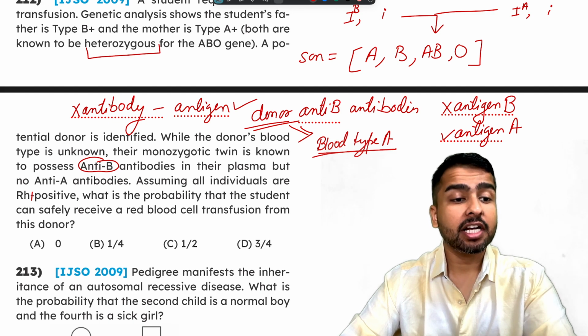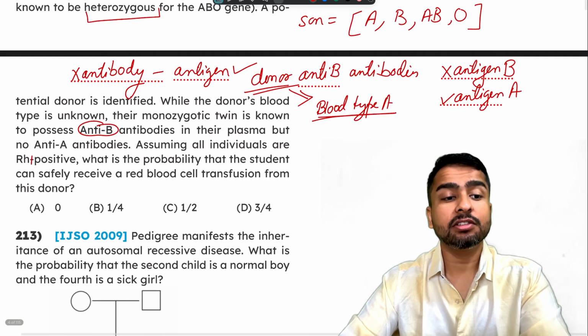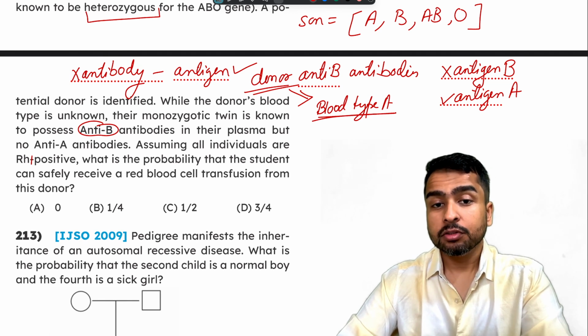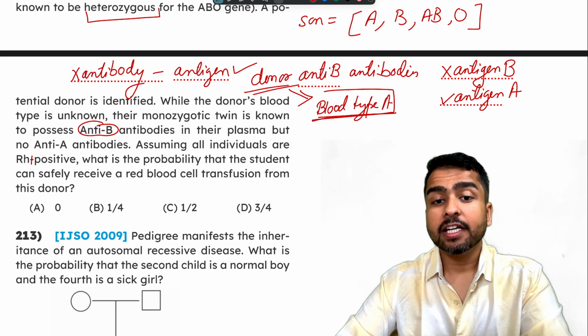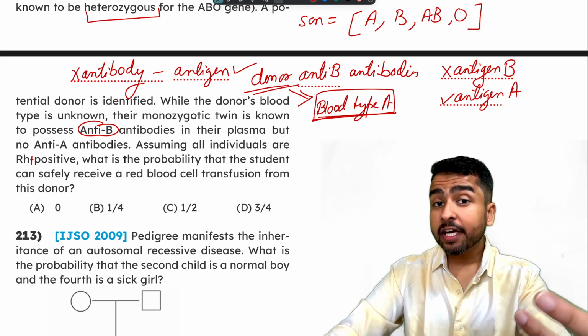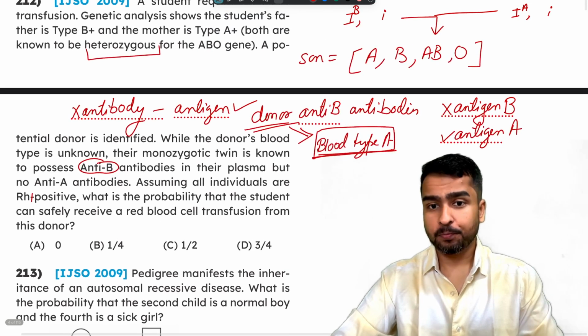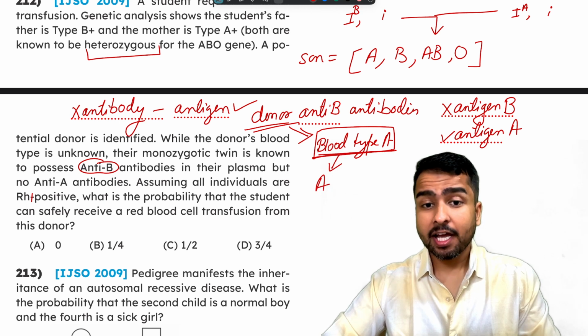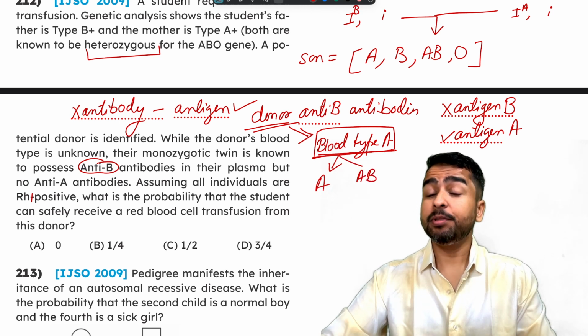Assuming all individuals are Rh positive, what is the probability that the student can safely receive the blood transfusion from the donor? So the donor is blood type A. Now, who can A donate to? We easily understand A can donate to A and A can donate to AB.